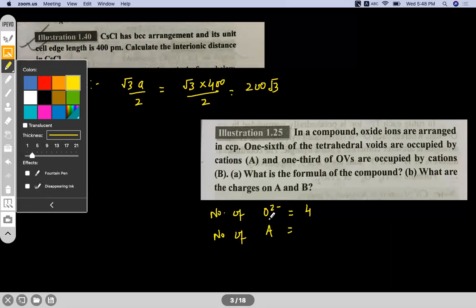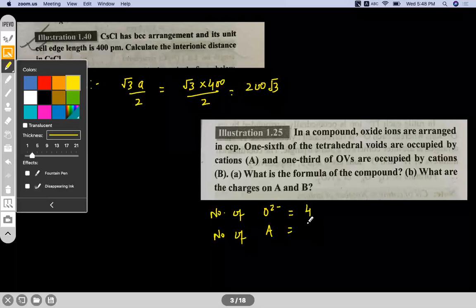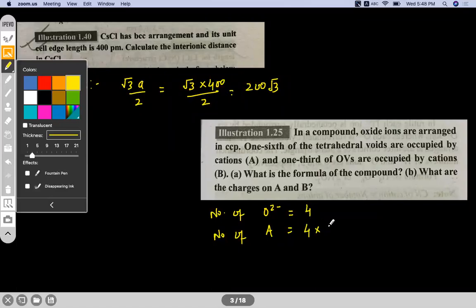One-sixth of the tetrahedral voids. So it would be 4 into, a tetrahedral void we have, so we have 8, so 8 into 1/6.